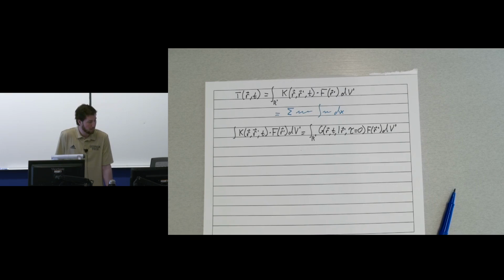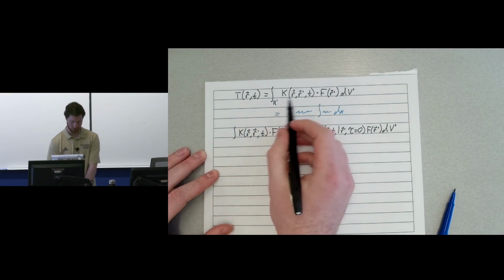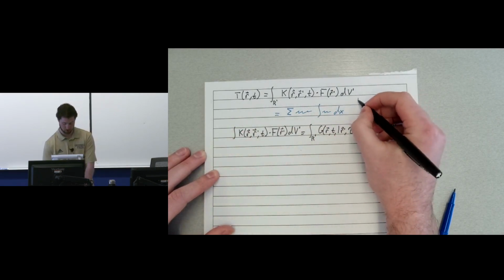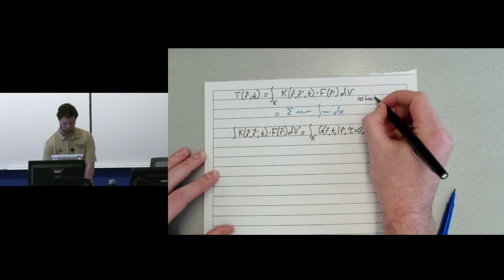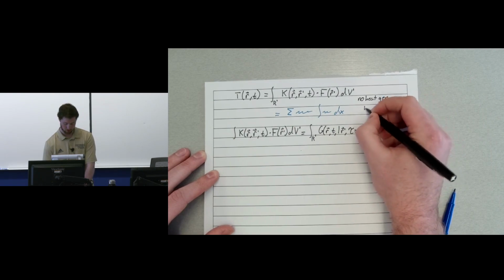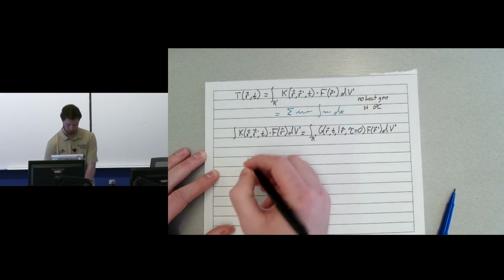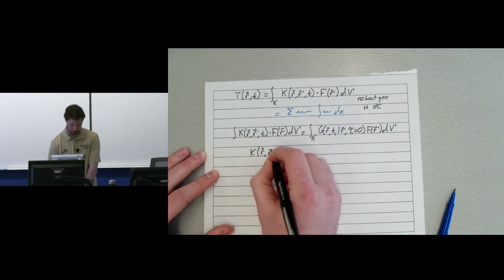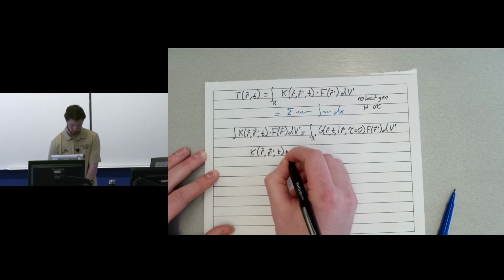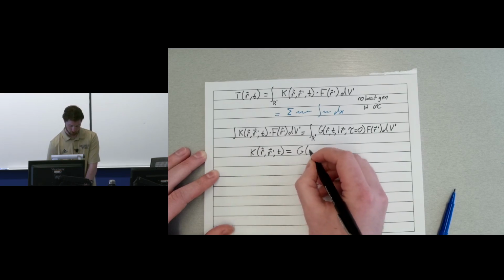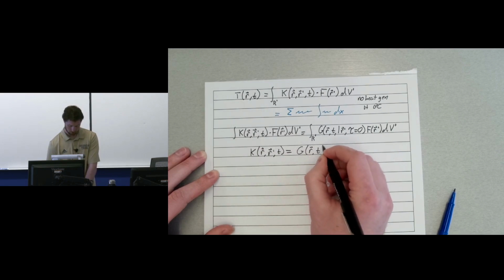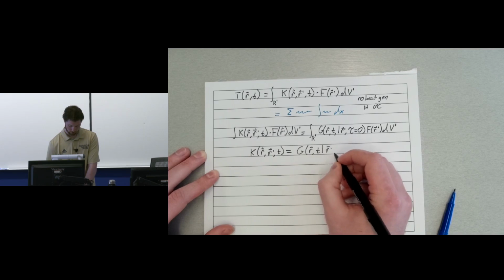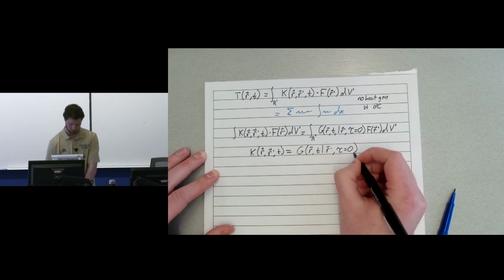Question? Why did we do that? It's a great question. Because now, if we take this, we can then say any temperature where we're solving with no heat gen and homogeneous boundary conditions, for those, this function K is equal to our Green's function evaluated at tau equals 0.